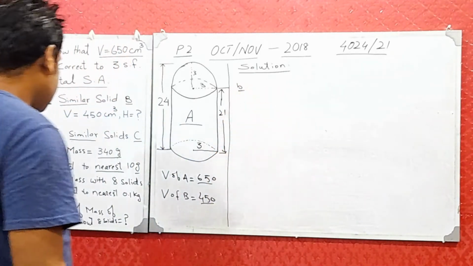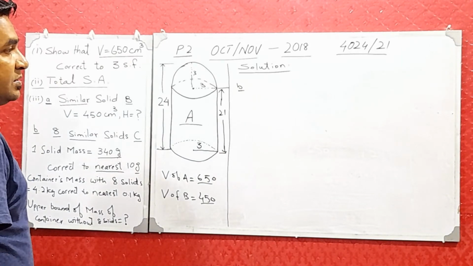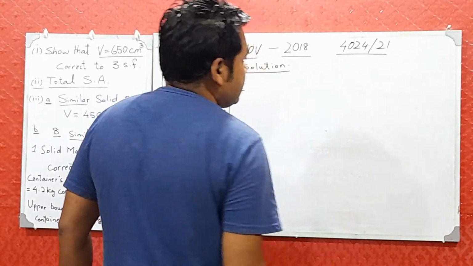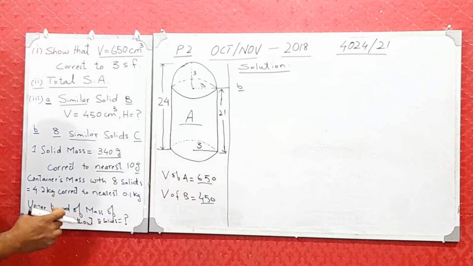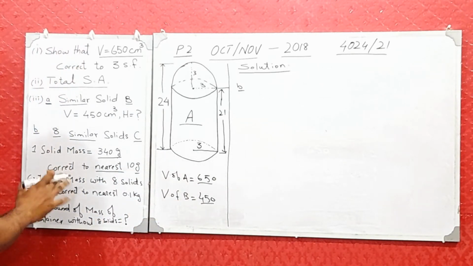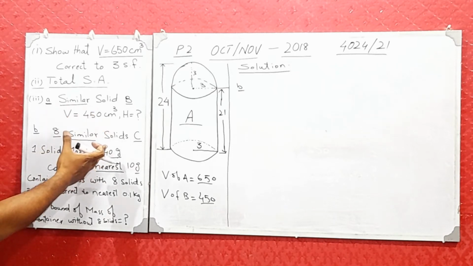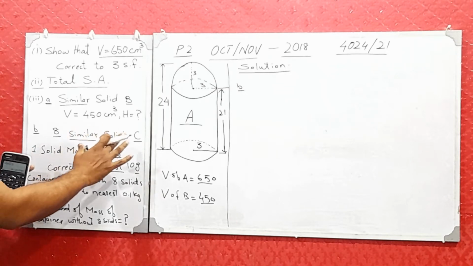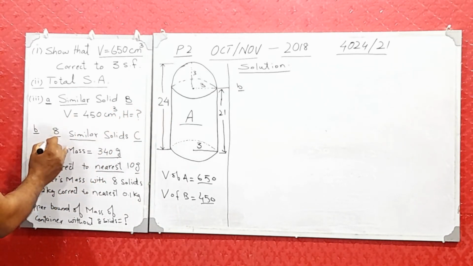B part. But before we do this part, we should understand one thing. Let me first explain what this question is about. We have another similar solid, C, which is similar to A, and these similar solids are 8 in number.